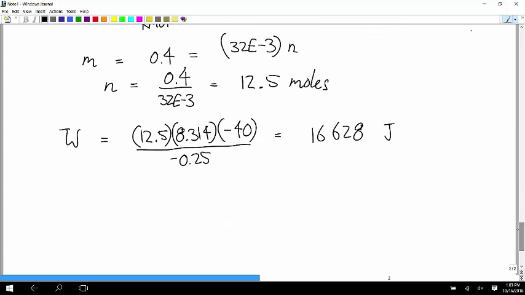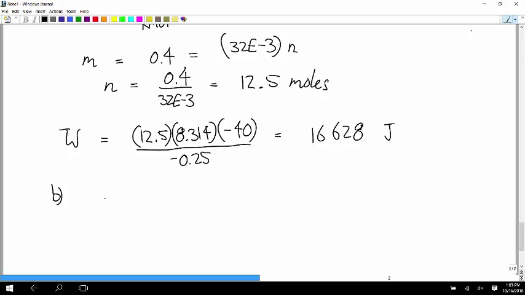And then for part B, it asks about internal energy. The gas is expanding, and we know the work.